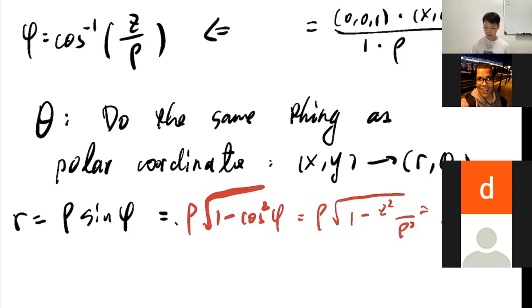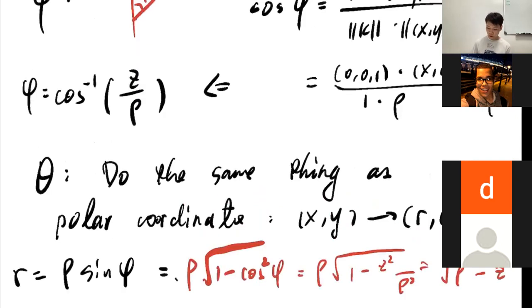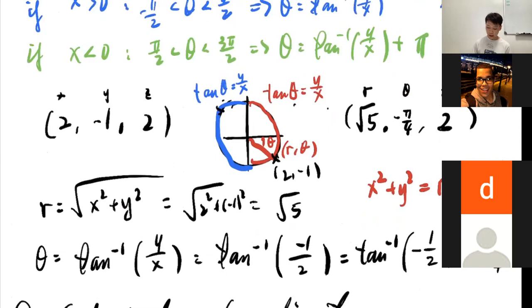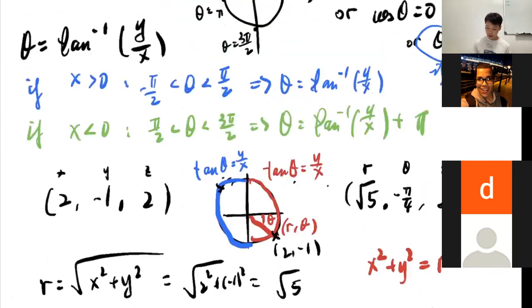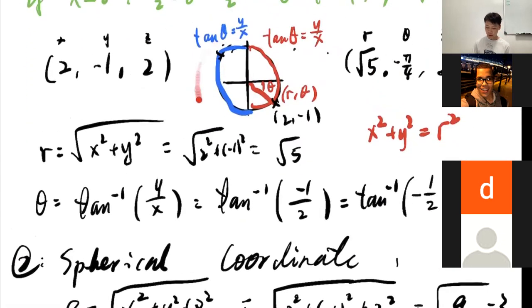I didn't understand what you did there, Professor. If you could go back. So in order to determine the theta, it's similar to what we did here, right?